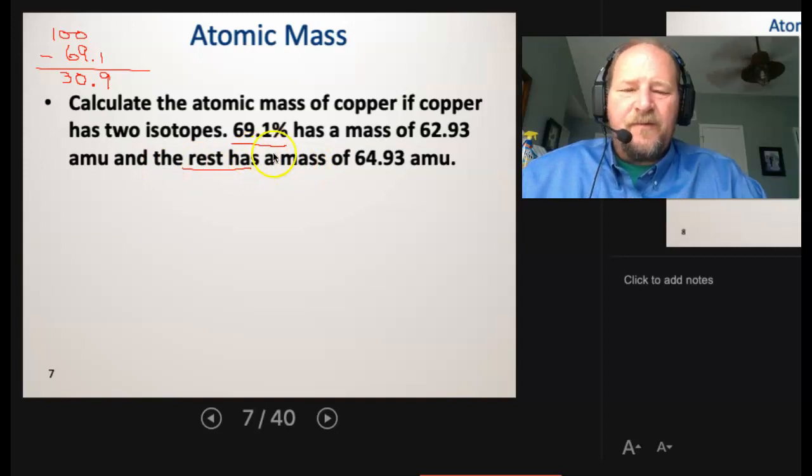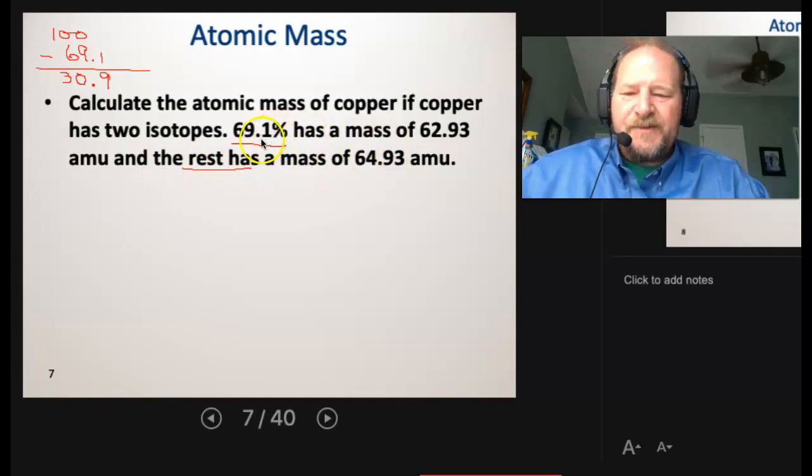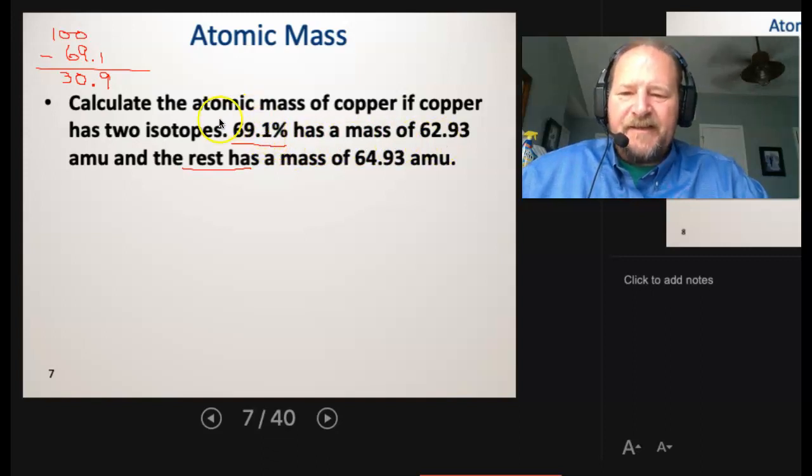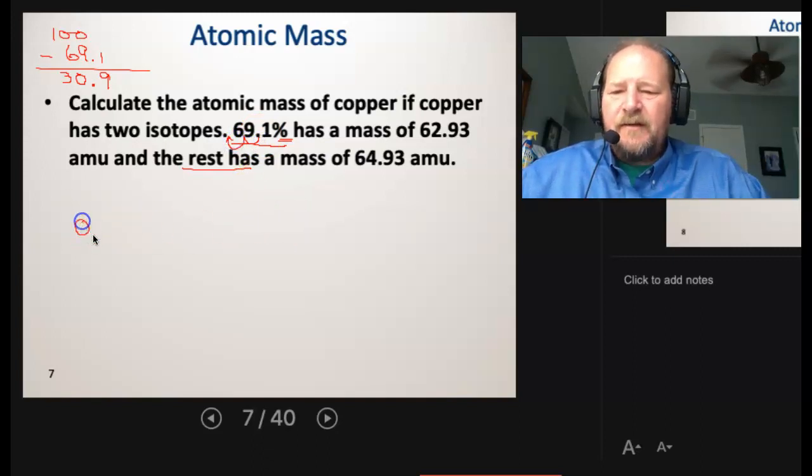Now, if you recall from your algebra courses and your math courses, if I want to do percent abundance, what I'm going to be doing is taking this percentage and getting rid of the percent, and then turning that into a decimal. So it's a percent to a decimal. And the way we're going to do that is simply divide by 100. So we're going to move this over 1, 2. And so 0.691 is now the decimal format of that percentage.